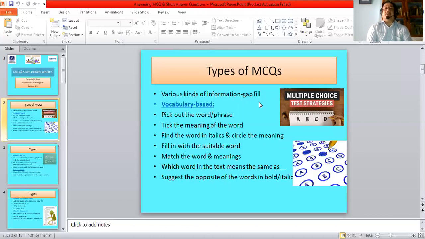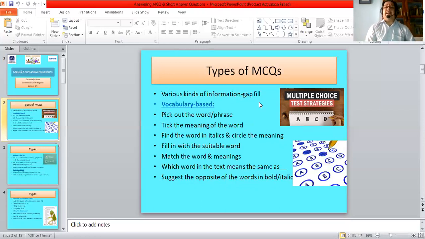MCQ type questions which are vocabulary based tend to test the candidate's knowledge of the vocabulary contained in the passage and the ability to infer meaning from the context. So what are these types of questions? These questions can be like, pick out the word or phrase. You are required to read the passage and to single out the word or phrase, the meaning of which is given in italics. So find out the phrase which matches the word in the passage.